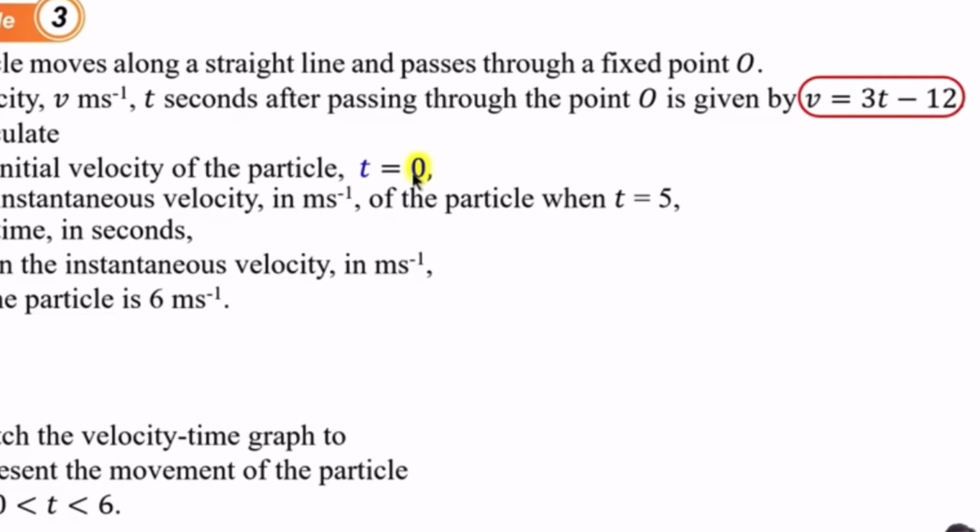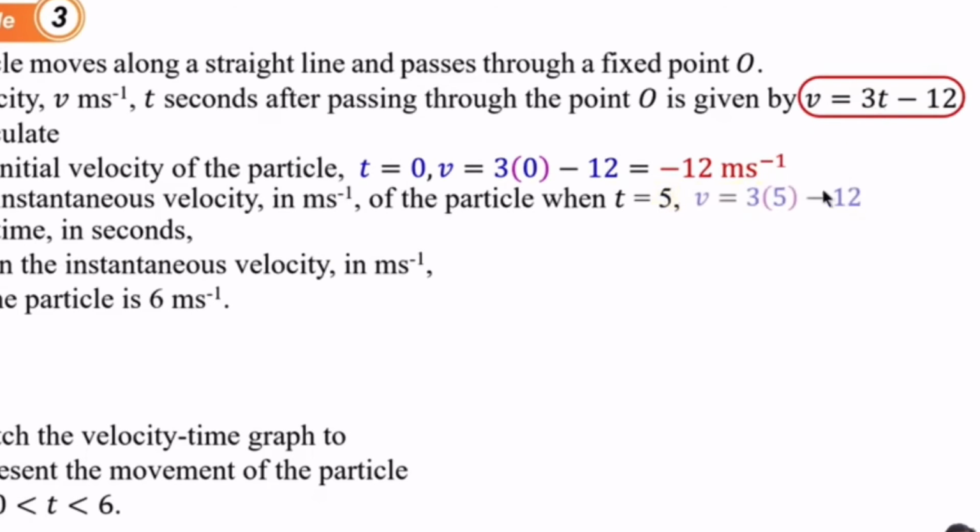Now you need to find the initial velocity. Initial velocity means t equal to 0. So we substitute: the velocity is 3 times 0 minus 12, so the velocity is negative 12 meter per second.